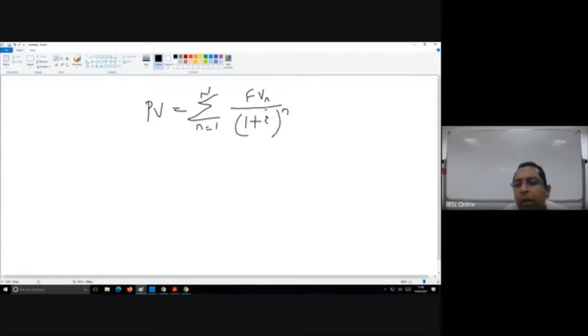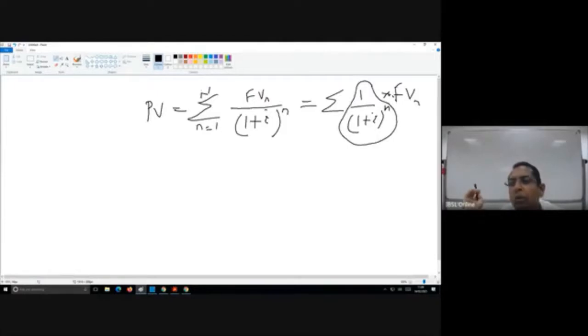It is the same as 1 divided by 1 plus I to the power n, into future value n. This is called the discounting factor, right?